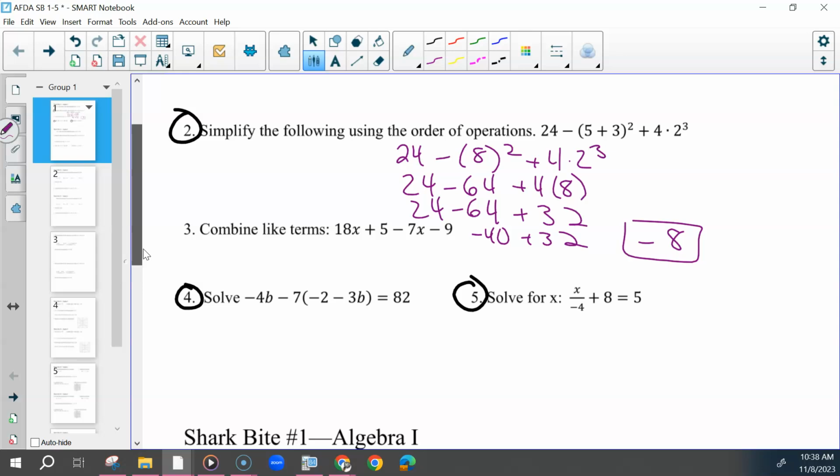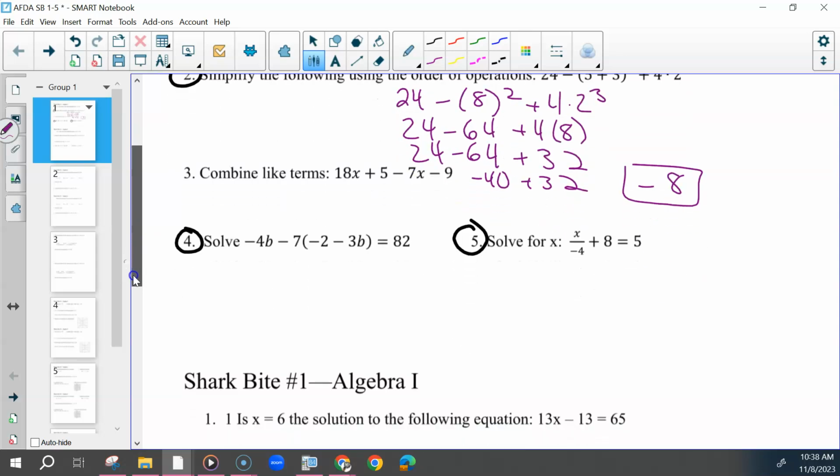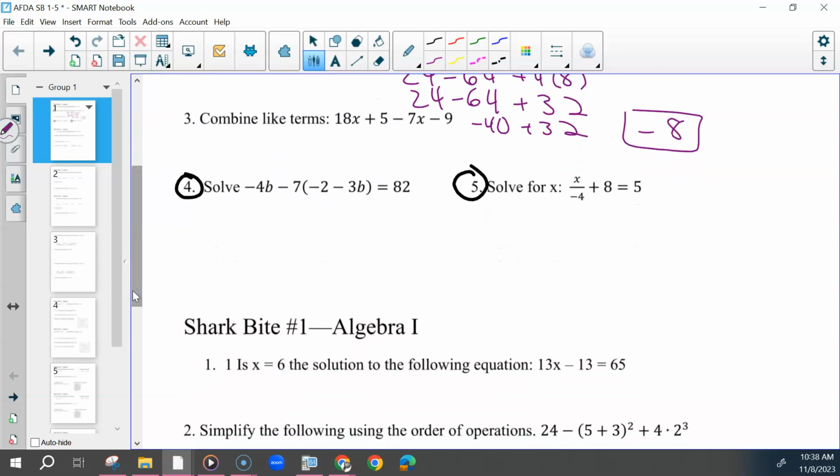For number 4, we needed to first distribute. So this would be plus 14 plus 21b equals 82. Then we could combine like terms to do exactly what it says.